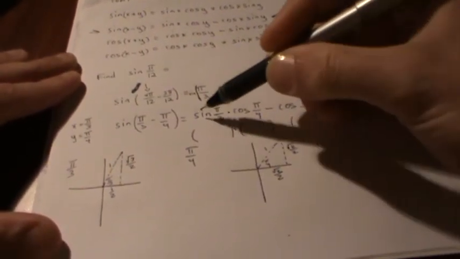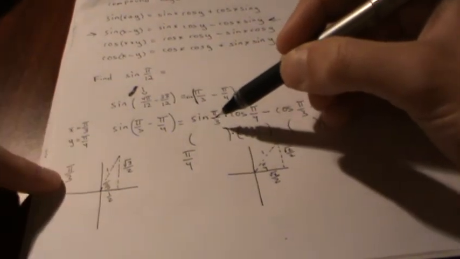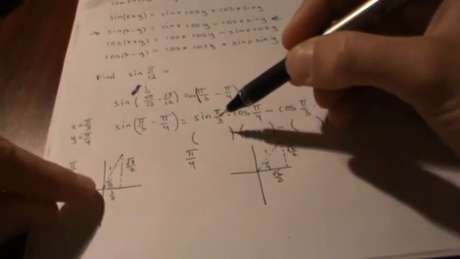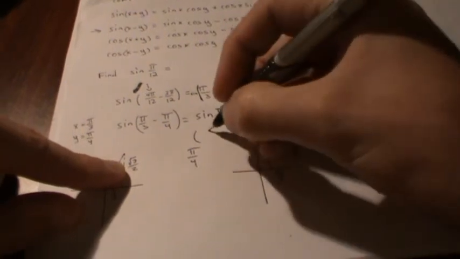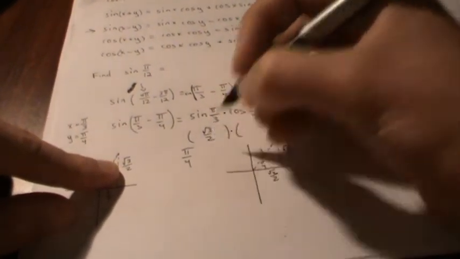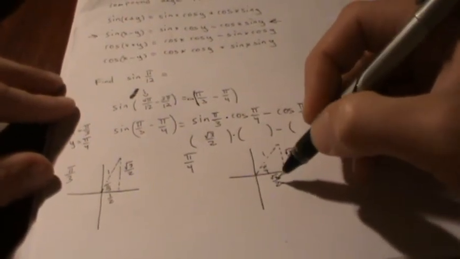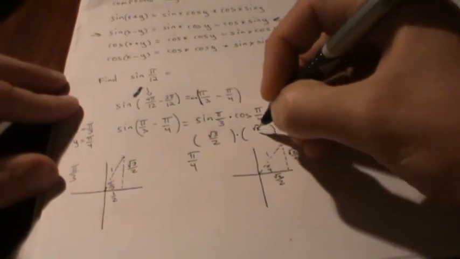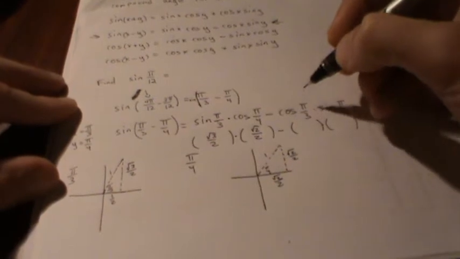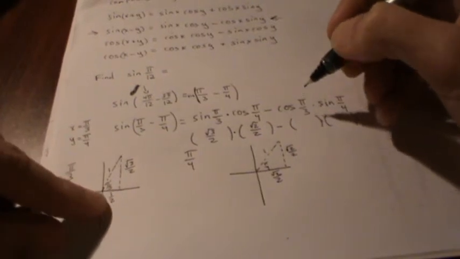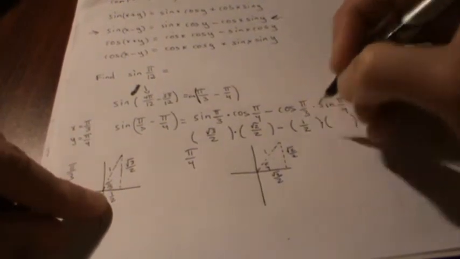Noting that in here is multiplication and right there is subtraction. And so the sine of pi over 3 is here. If I go for the opposite, it is the square root of 3 over 2. The cosine of pi over 4 is here, and it's the adjacent, so it is the square root of 2 over 2. The cosine of pi over 3, if I go back over to pi over 3 here, the cosine tells me to get the adjacent side, and so it's 1/2.